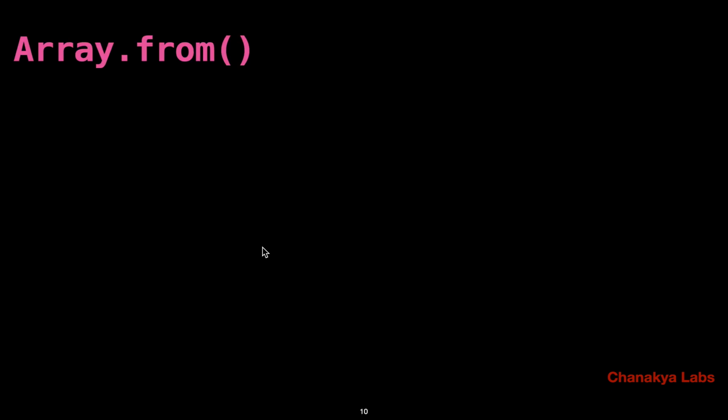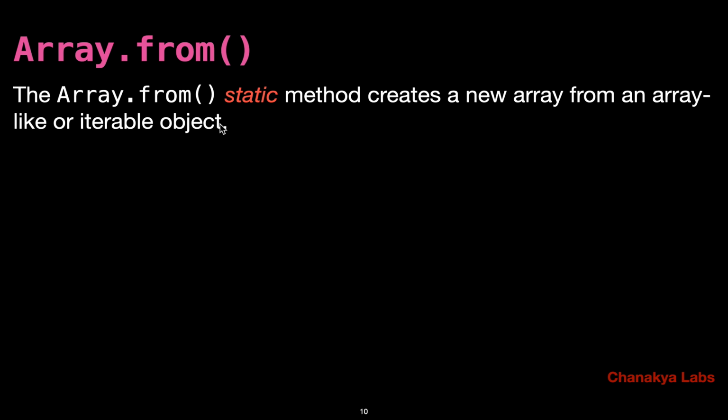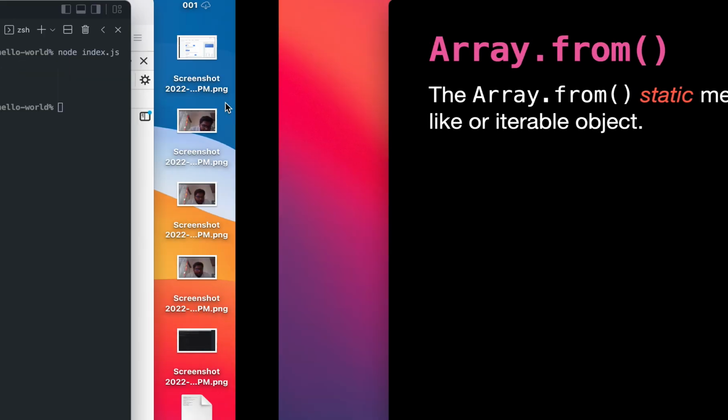Array.from is available as a static method directly on Array. So it is not an object; you write something like Array.from, and as an argument you can provide whatever thing from which you want to create an array.